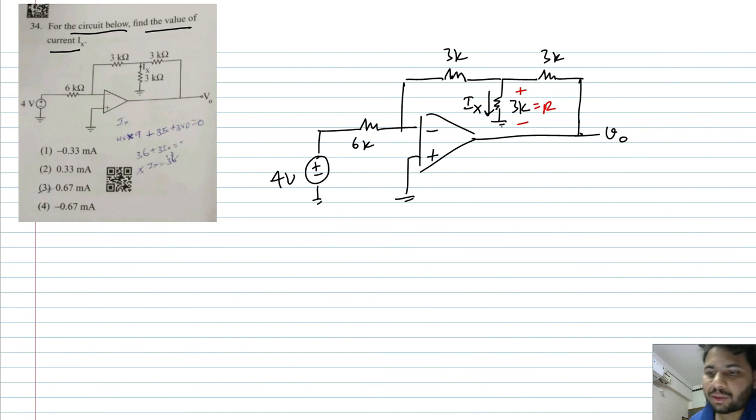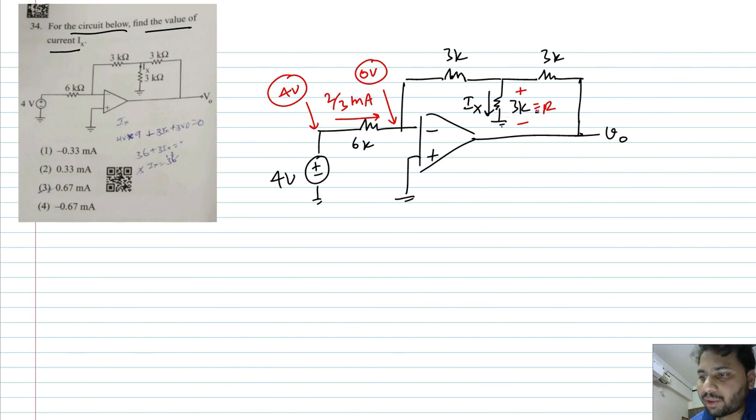What is the potential at this point from virtual short? This would be 0. What is the potential at this point? 4 volts. So how much is the current through 6K in this direction? 4 minus 0, 4 by 6K, which is 2 by 3 milliamps. So what is the drop across this 3K through which the current is Ix?